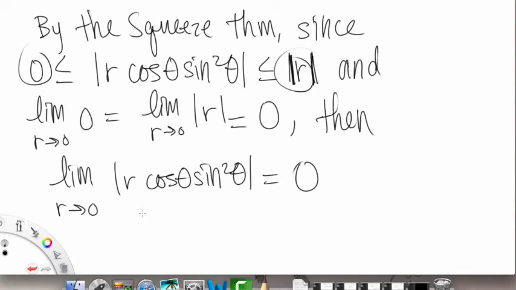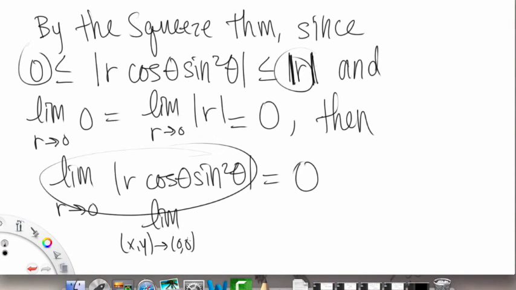And this is equivalent to the limit as x, y goes to 0, 0 of xy squared over x squared plus y squared. So that must also equal 0.